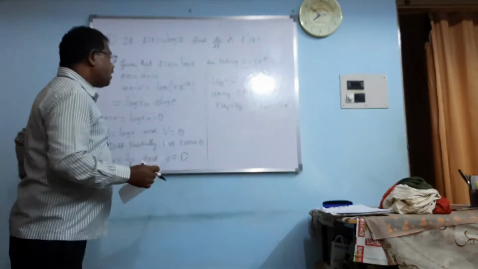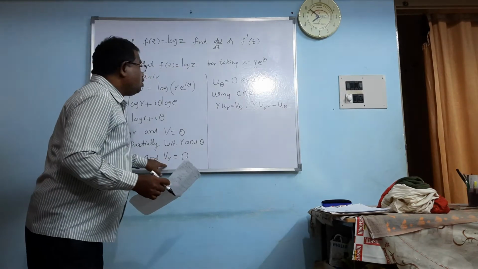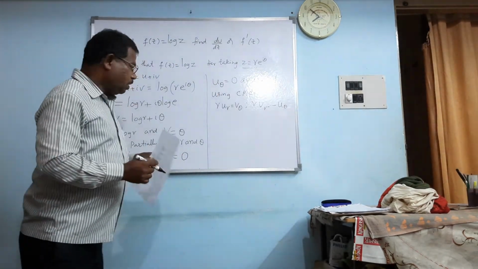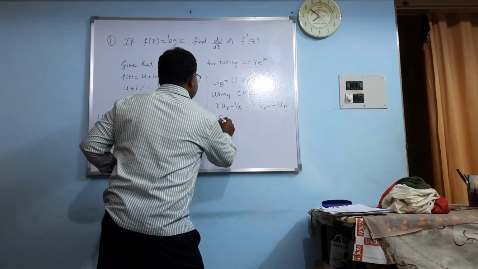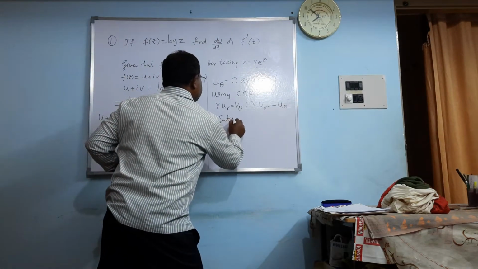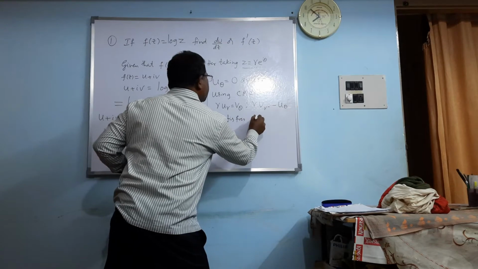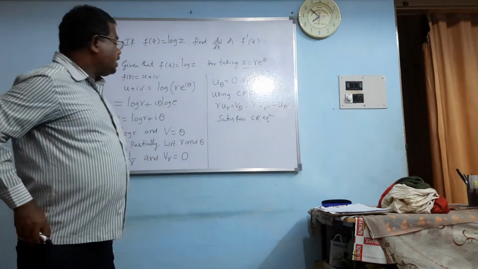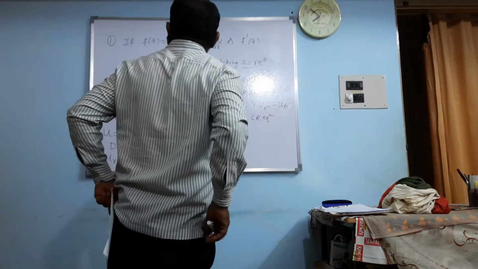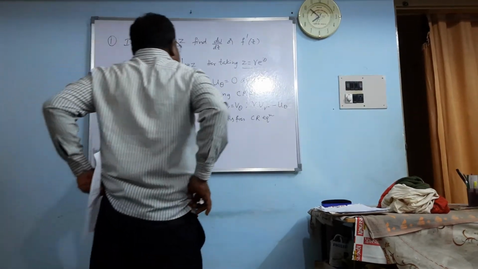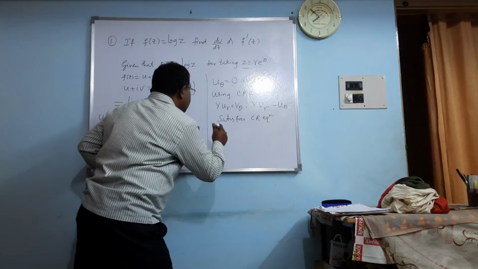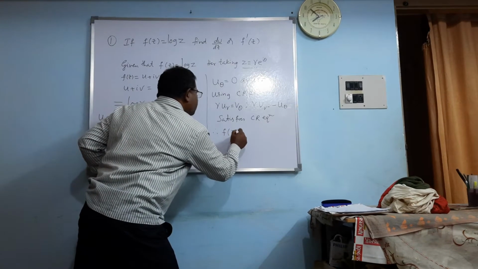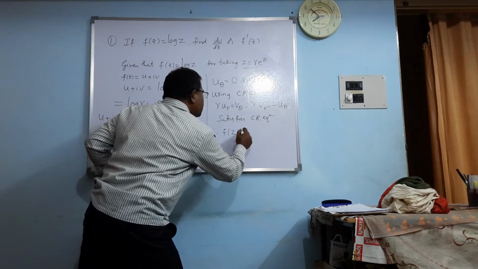And also v r is 0, and u theta is also 0, which means it satisfies the CR equation. Therefore, the given f of z function is analytic.